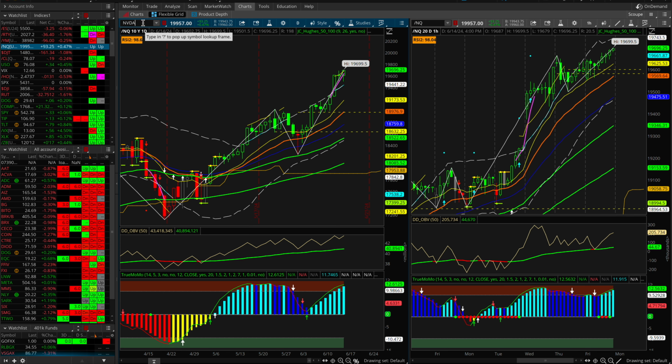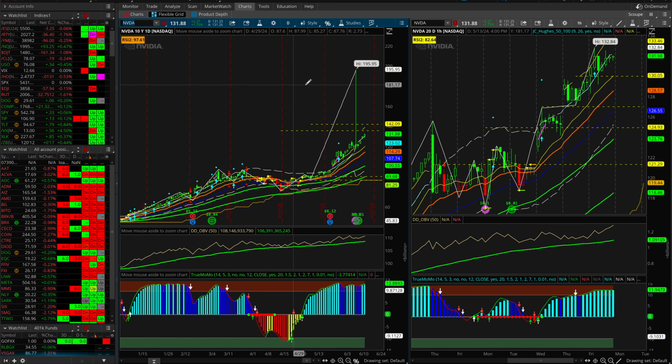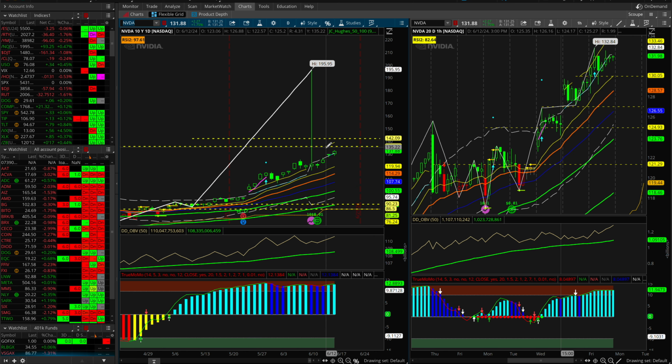Nvidia because it's such a driver right now, and it just continues to rise. Granted, it was at $1,950, and then they split 10 to 1, so it went down to 195, and then it fell hard from there to this 123 level, and it just continues to rise from there.